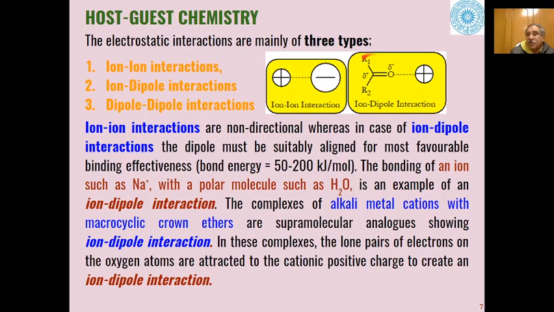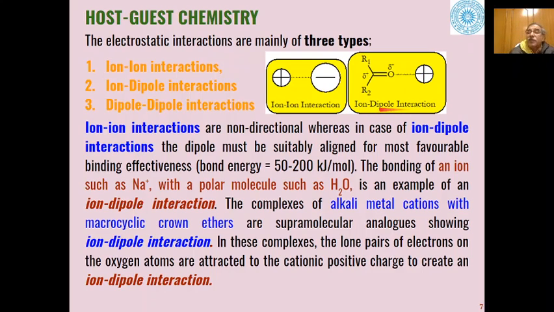where these types of systems, carbonyl compounds, they will act as dipole because carbon is having delta positive charge, oxygen is having delta negative charge. So this will interact with some ion. So this dipole interacts with some ion because when oxygen is having negative charge, that automatically means that it will interact with the opposite charge, that is positive.